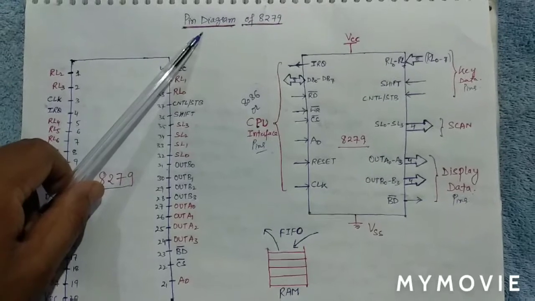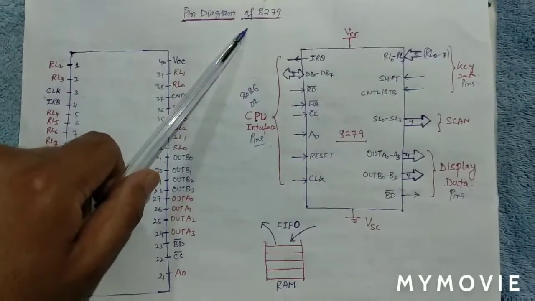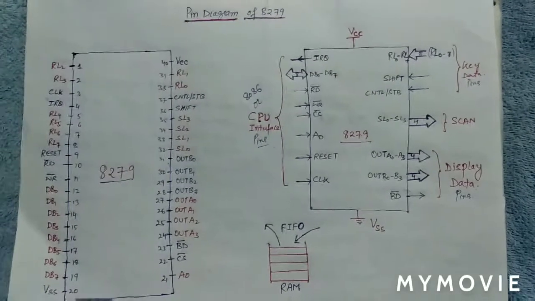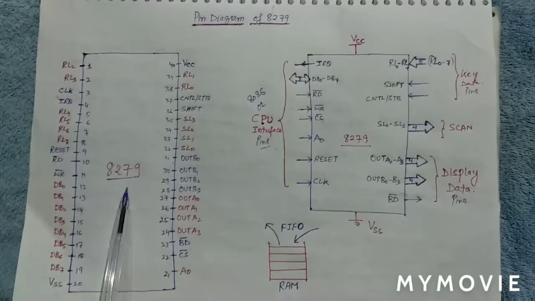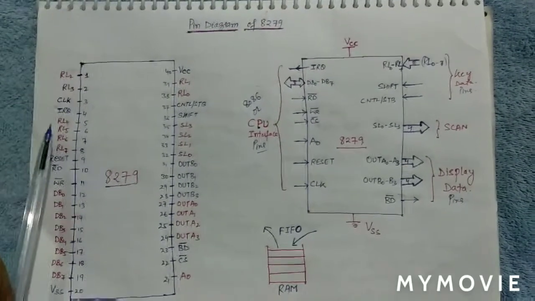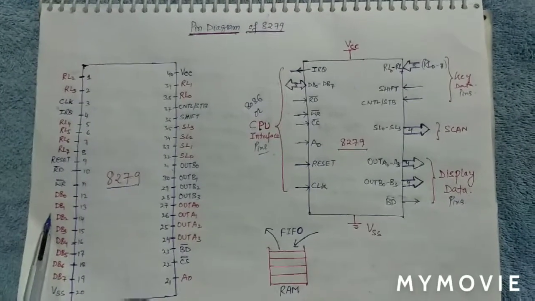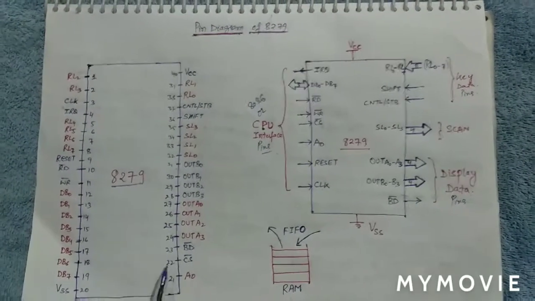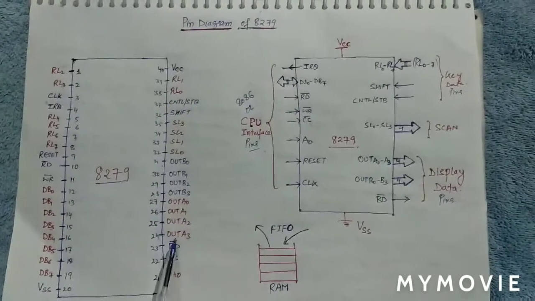Now we will study the pin diagram of the 8279 interfacing device. This is the pin diagram of the 8279 IC. It has 20 pins from number 1 to 20 on this side and 20 pins from number 21 to 40 on this side.